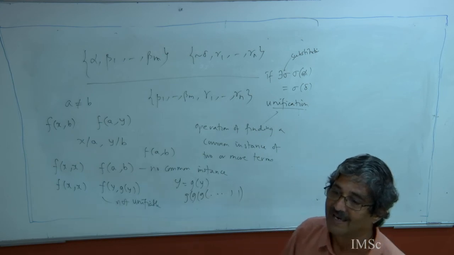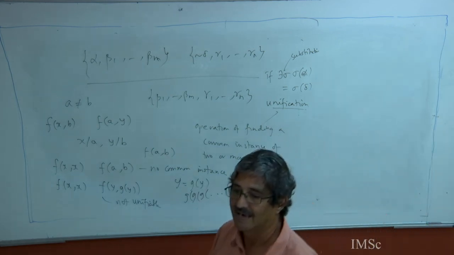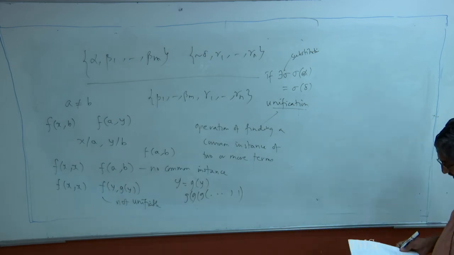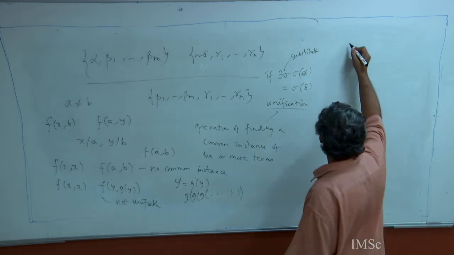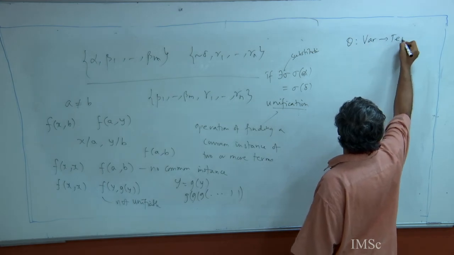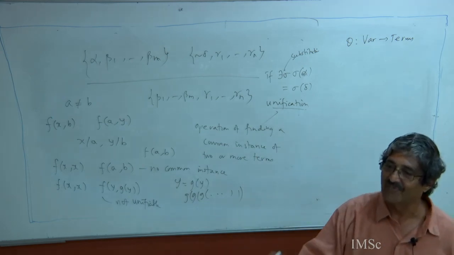So you can't do all that. It's only variables that you can change. x is a variable, you can give it a value 3, there is no problem. You can give it a value g of 3, right? That's also okay. So this is the sort of thing that we want. So in general, your map theta is a map from variables to terms, and typically it's written as the graph of the function, right?